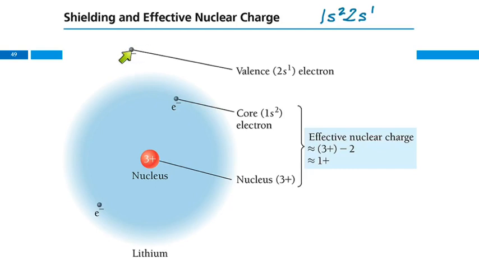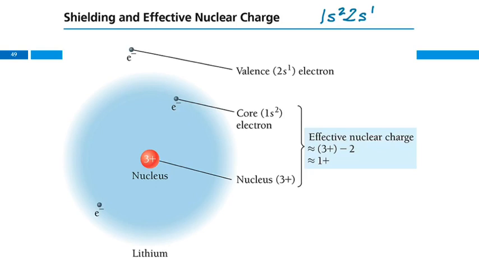Anyway, so here, this electron, because there's this crowd of people around the nucleus, these two electrons sort of negate part of this charge. So we can say the effective nuclear charge is the positive 3 that's there, but then there's 2 core electrons that are in the way, and so we subtract that from the positive charge, and that valence electron sees an effective charge of +1.